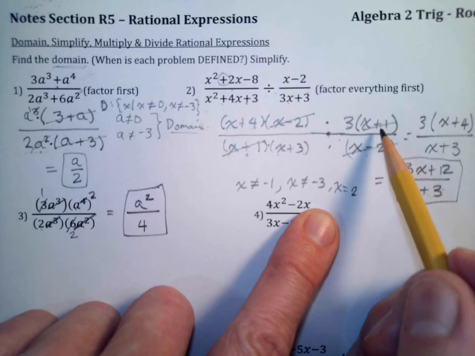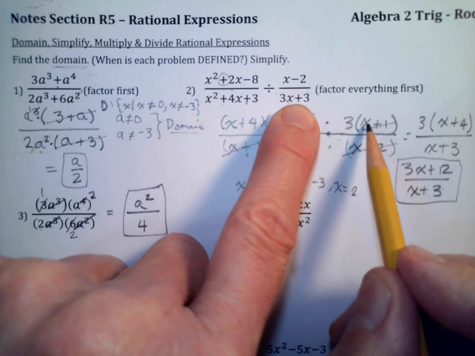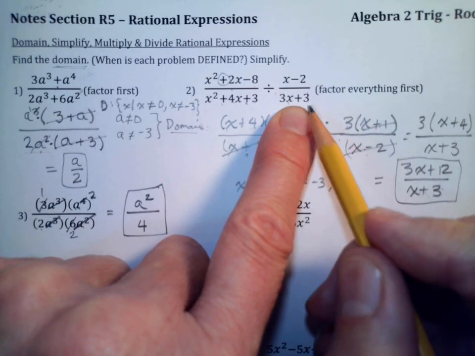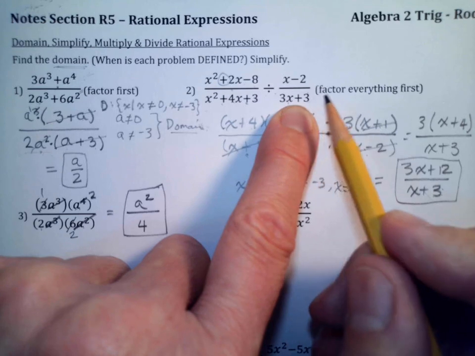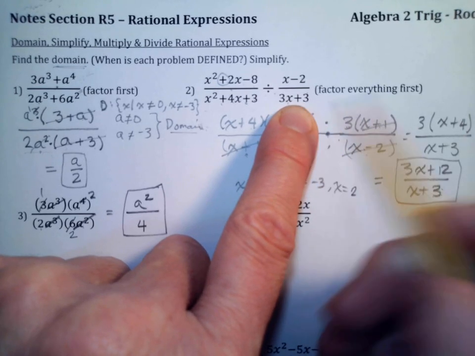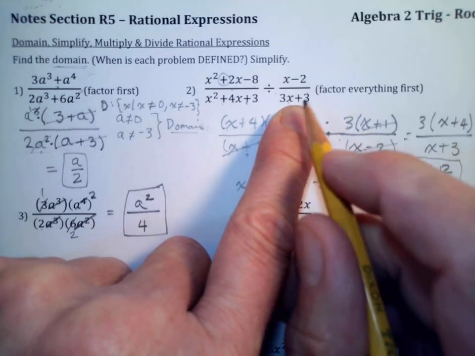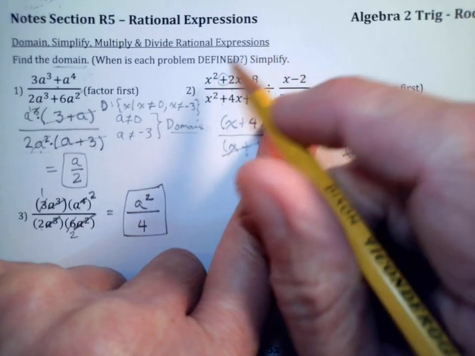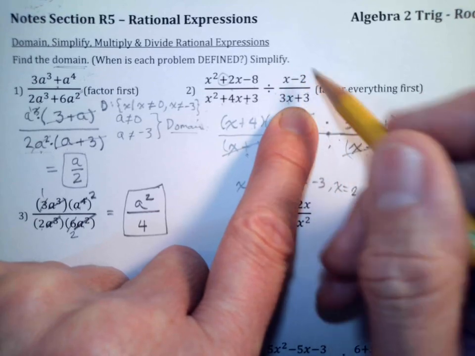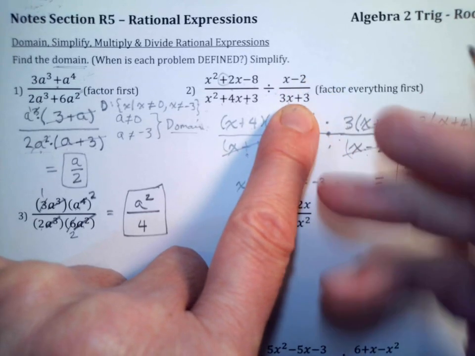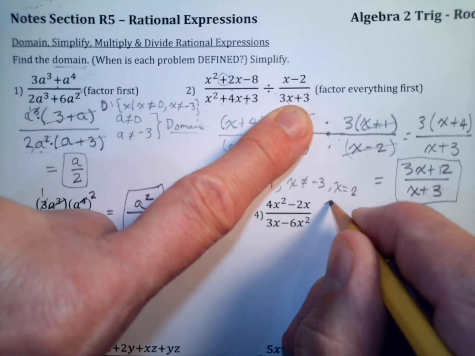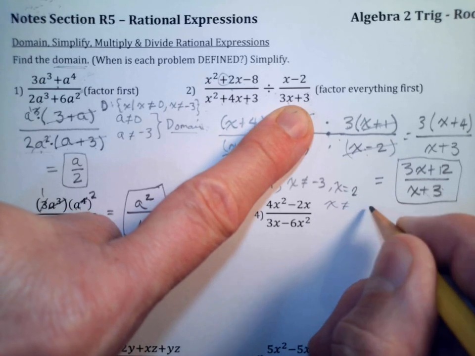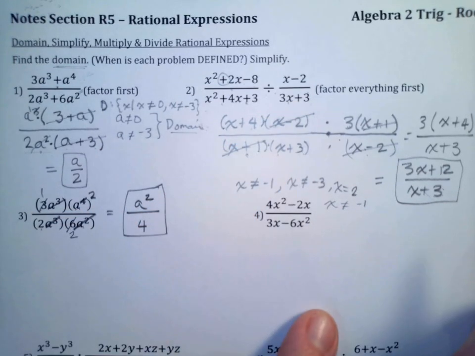But also, this x plus 1 was really in the bottom of the original problem, right? The denominator of this fraction. So really, that also limits. This cannot equal 0 because the original problem would be undefined. The fraction we're dividing by would be undefined. So x can also not equal negative 1.